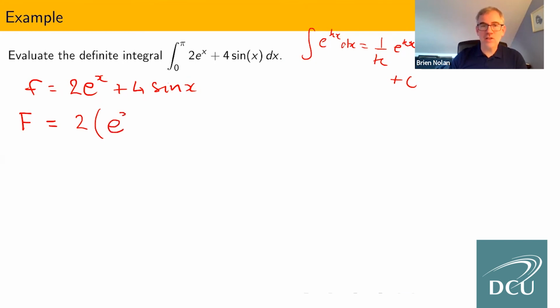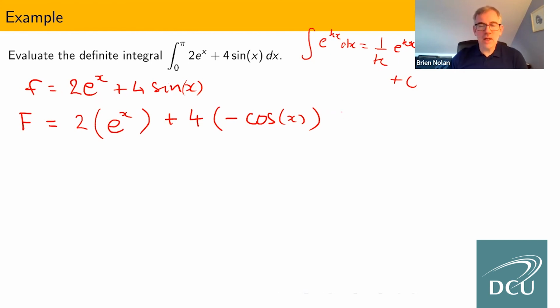So the integral of e to the x is e to the x. I'm not putting in the constant of integration yet. Next bit, I can leave the 4 alone and integrate sine x, and I remember that that should be minus cosine of x. And I could just check that by differentiating.